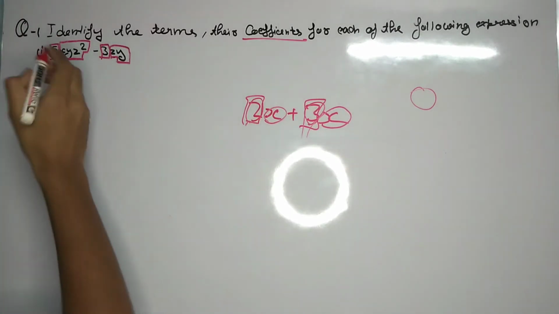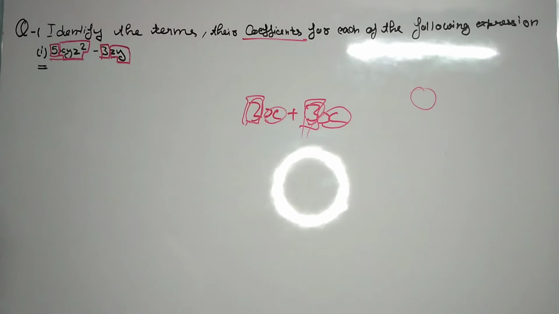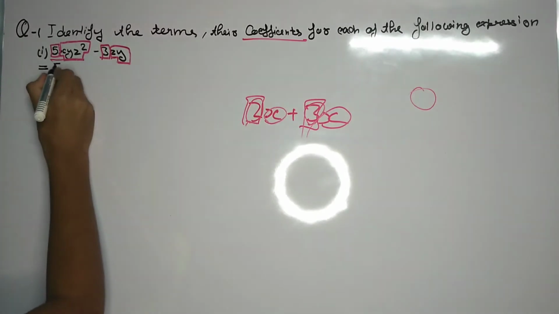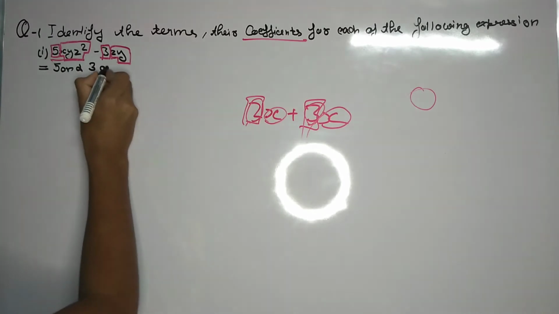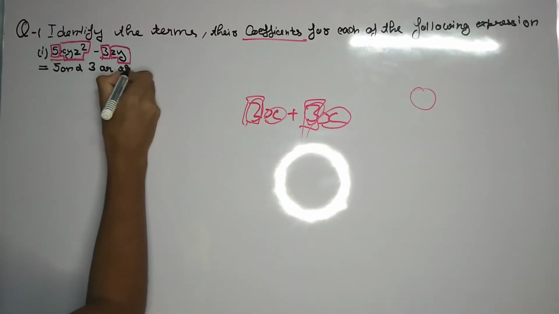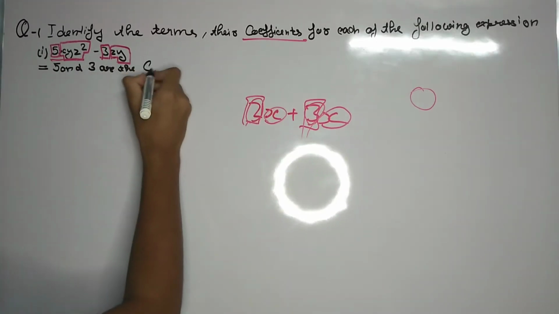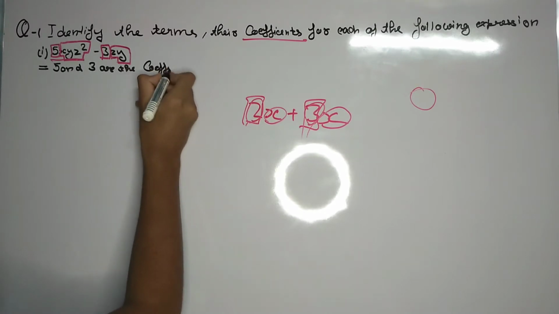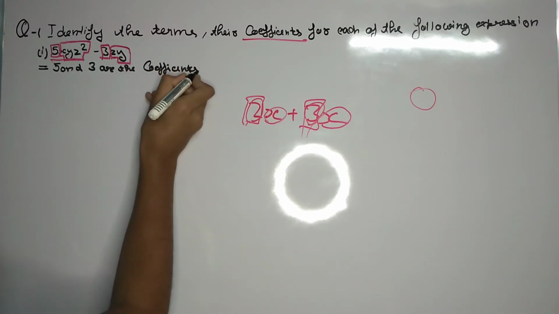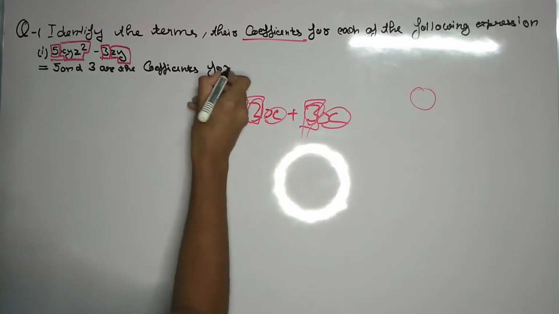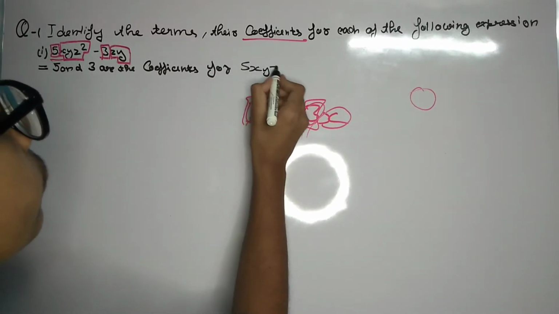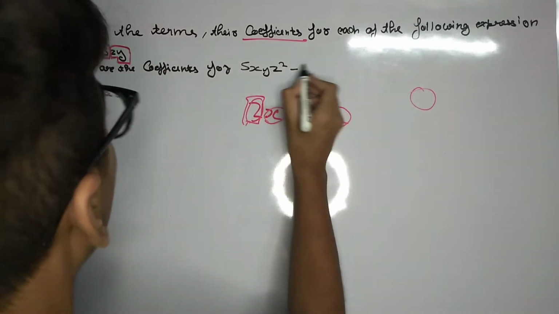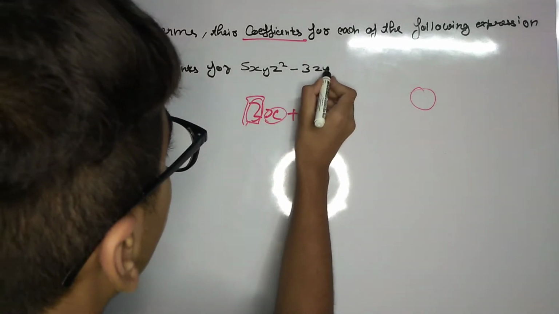So we will simply write here 5 and 3 are the coefficients for 5xyz square minus 3zy.